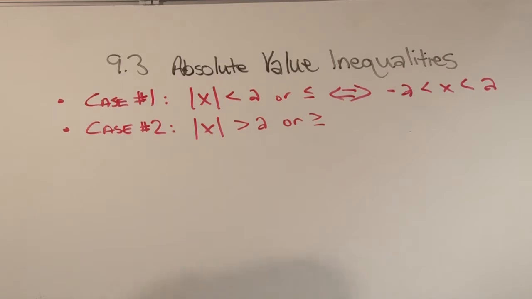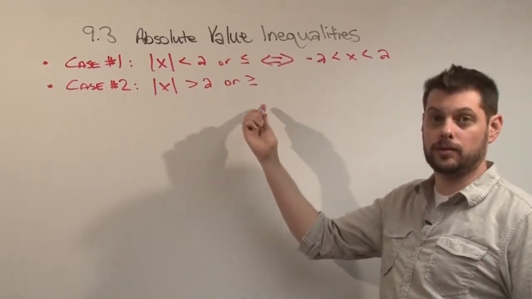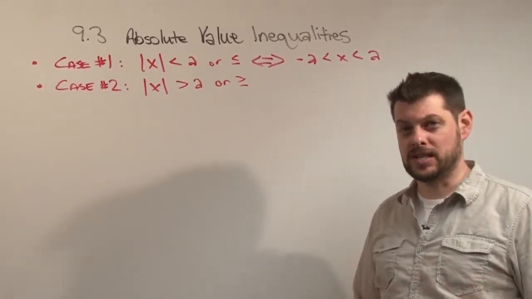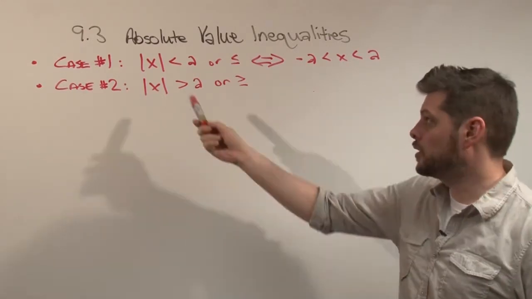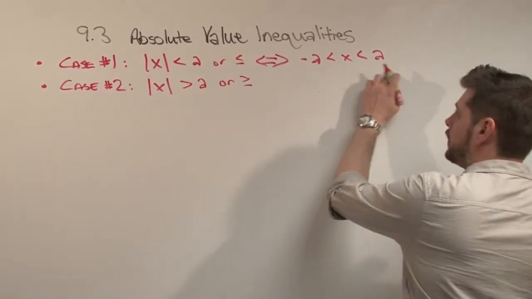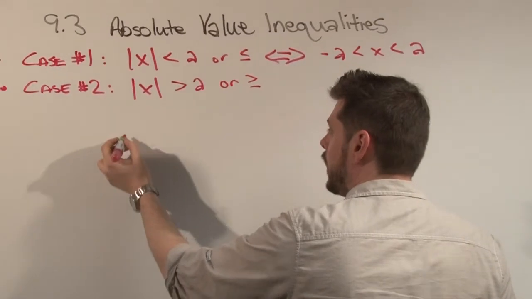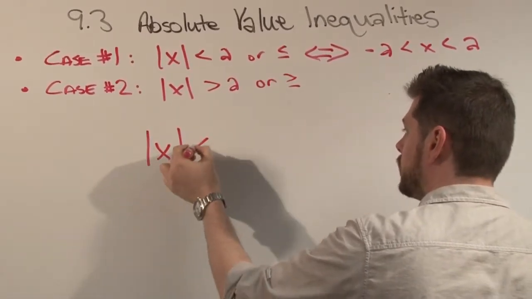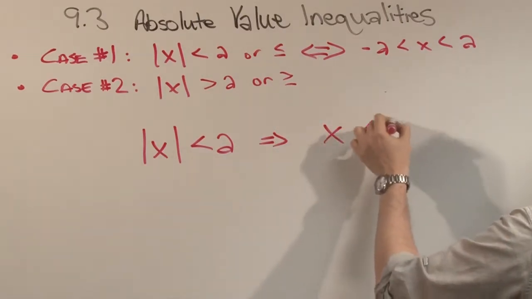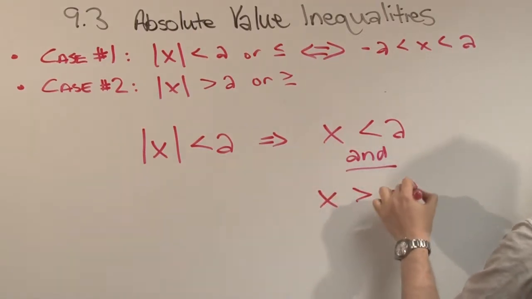Case number 2 is when we have an absolute value quantity for x that's greater than, or greater than or equal to, a value, which we're calling a. So the method that we approach is similar but not exact to the way that we approach our first case. In our first case, remember, the way that we got to x is between negative a and a was to rewrite our original version as x is less than a and x is greater than negative a.